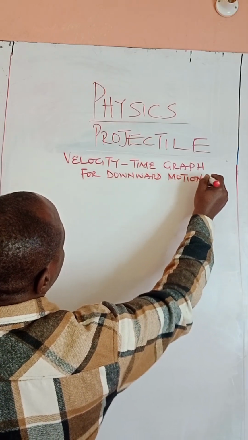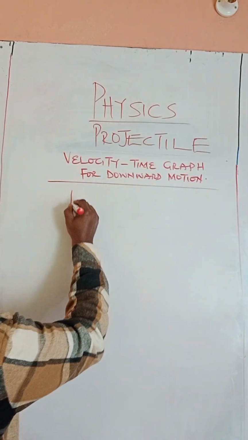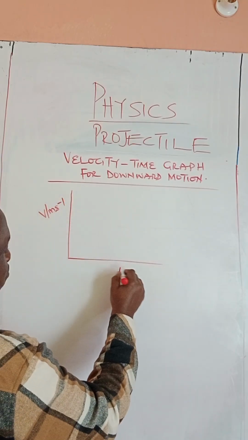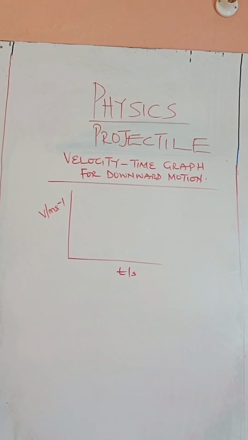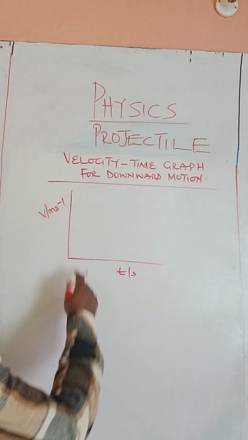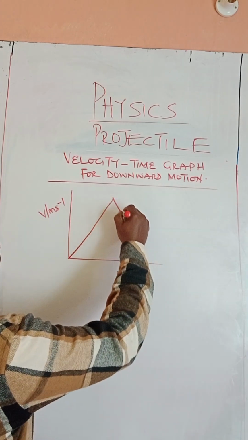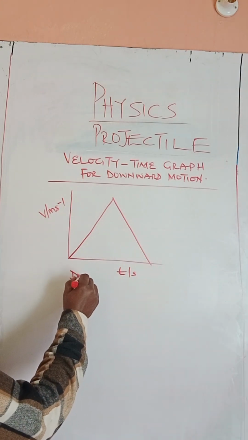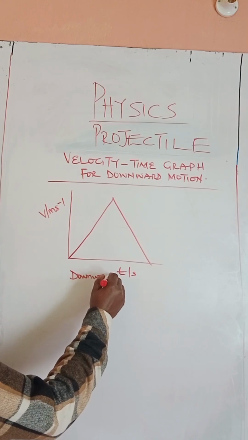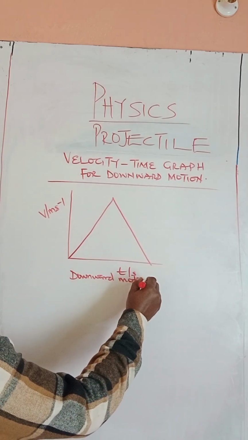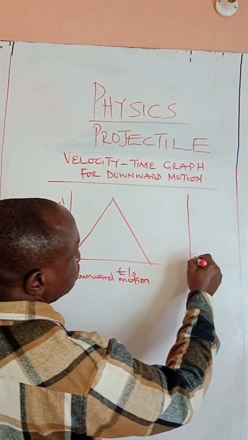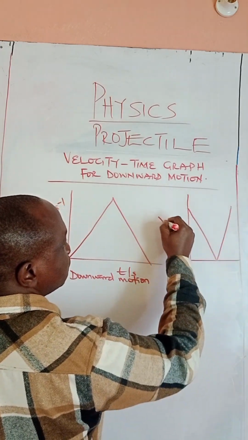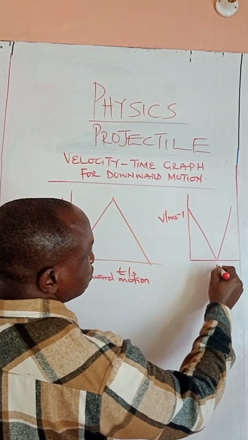If velocity is plotted against time, V in meter per second and time in seconds, in this case you are going to have this graph, the velocity time graph. Remember, this one is for downward motion. Let me remind you for upward motion, we have done that one. It's like this. Velocity is in meter per second, time in seconds.